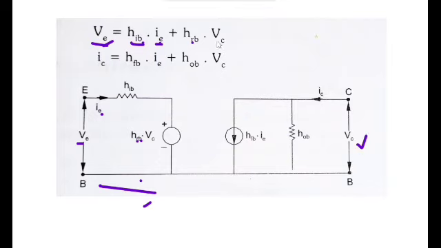So here V2 is replaced with VC. This is the first equation, and it completely satisfies the first network in the circuit.